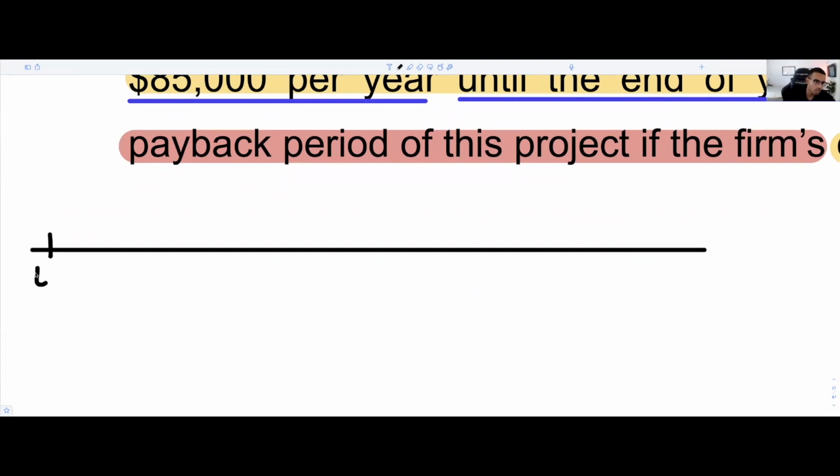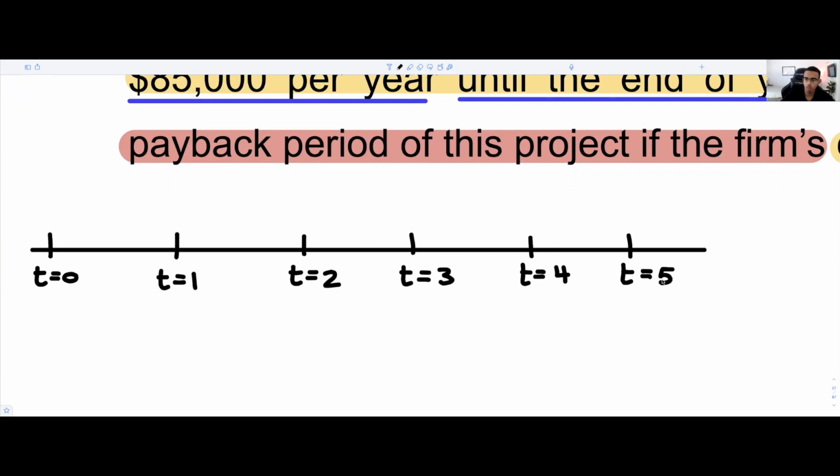So we're going to have T0, T equals 1, T equals 2, T equals 3, T equals 4, T equals 5. Move this up a little bit.